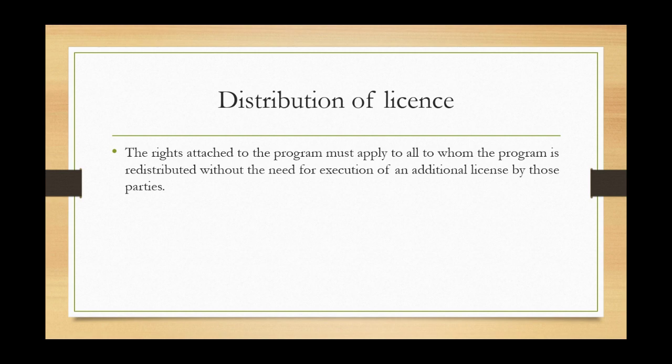And there must not be a need for execution of additional licenses by those parties. So the distribution of license must apply to all to whom the program is redistributed, without any need of execution of new licenses by other parties.